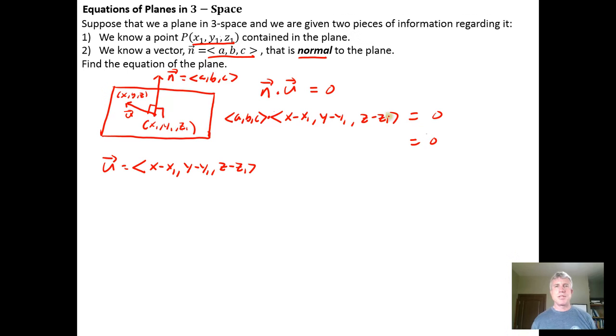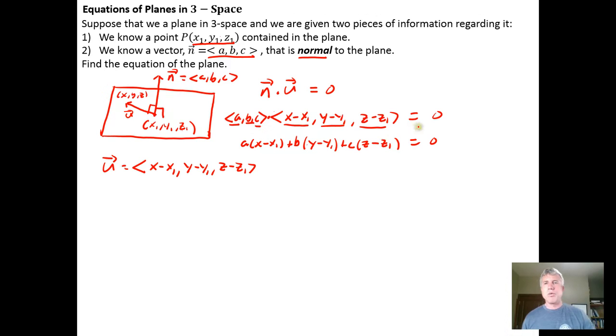And a dot product is easy to calculate. It's just the sum of the products of corresponding components. So it would be the x component a times x minus x sub 1, plus the y component b of the normal vector times y minus y sub 1, plus the z component c of the normal vector times z minus z sub 1.